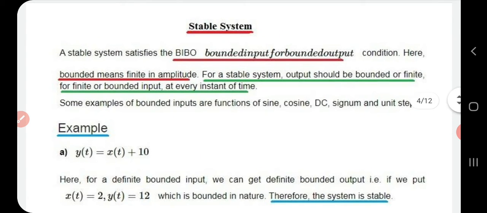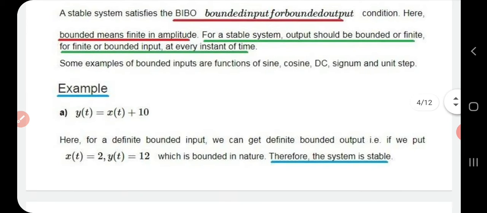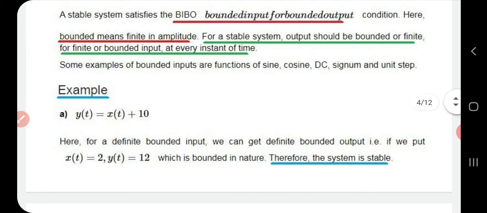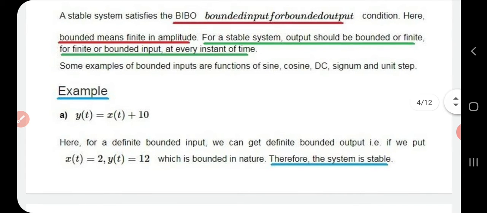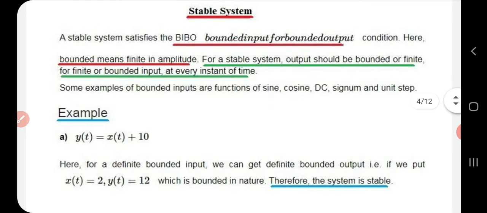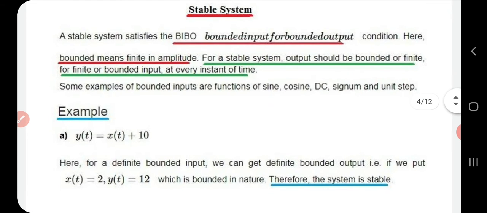That is, a system is stable if and only if, when you are giving a bounded or finite input, the output will also be bounded or finite at every instant of time. Then both input and output will be bounded or finite.